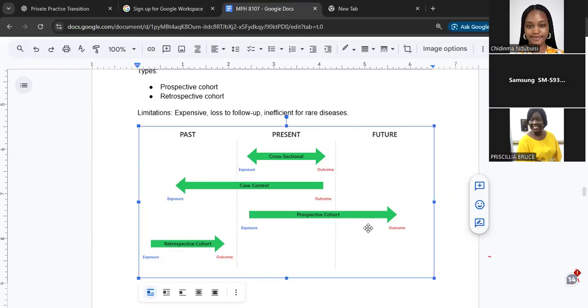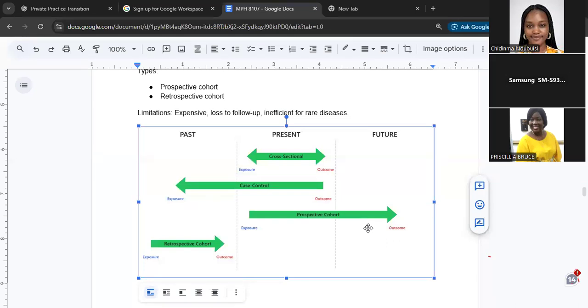That's what happens in a retrospective cohort study. While for prospective, we follow them from today, and then we go into the future to see who will develop it. We're looking for incidents. Who will develop it? So that's the difference between retrospective and prospective cohort study.